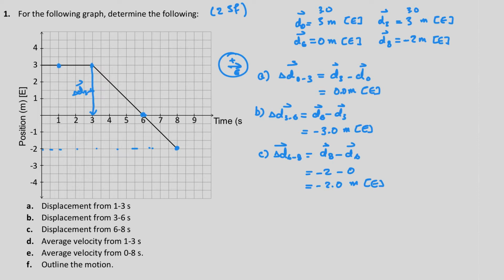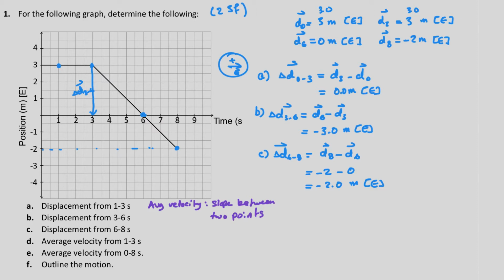For average velocity between these time periods, average velocity is the slope between 2 points, or just the equation, so it doesn't really matter which method you use.